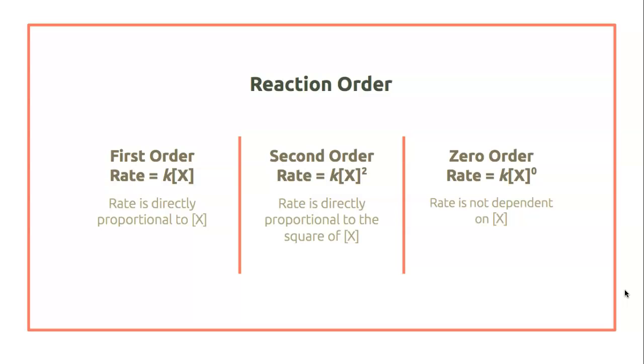In a first order reaction, rate is directly proportional to the concentration of X. So the reactant X is going to directly affect how quickly or slowly a reaction takes place.